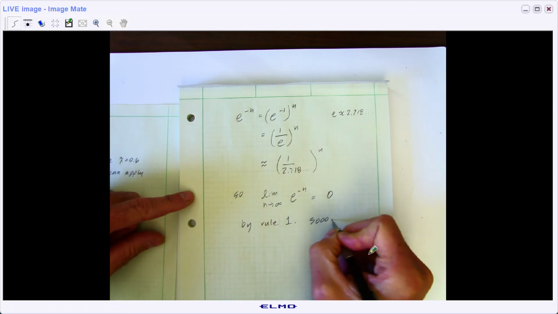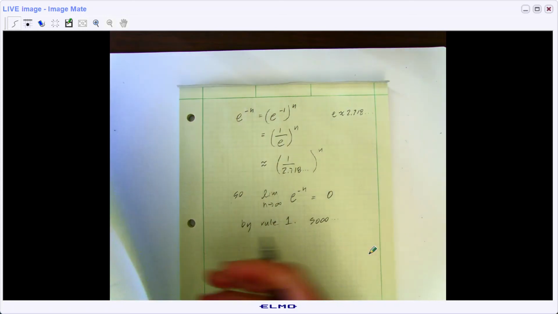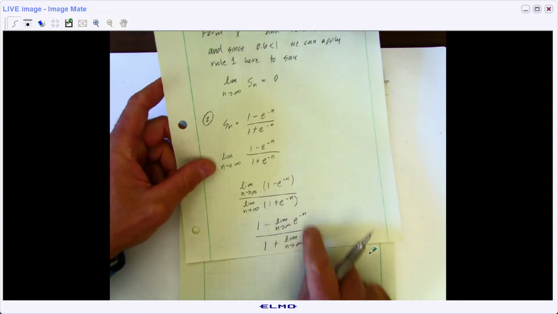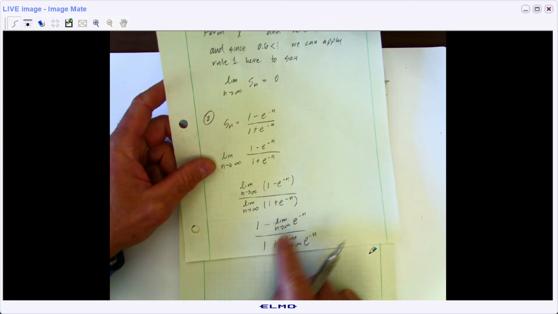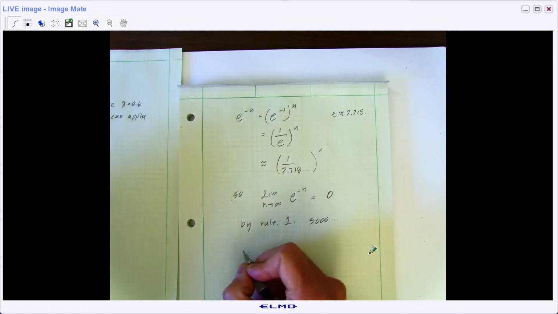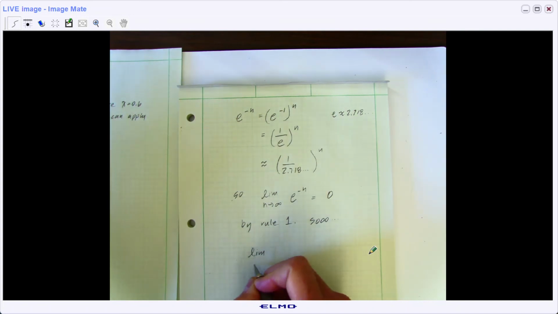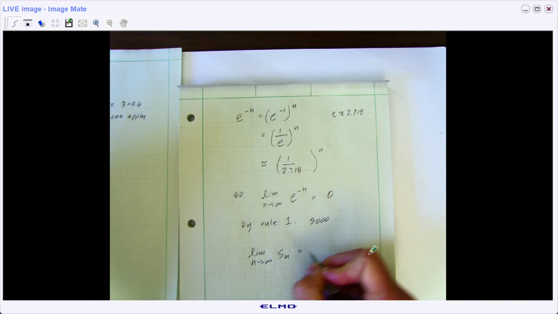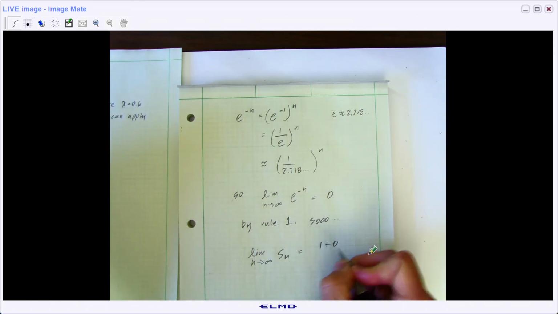So that means that when I was right here, what I get is 1 minus 0 over 1 plus 0. So the limit as n goes to infinity of this sequence is going to be equal to, sorry, it would be 1 minus 0.